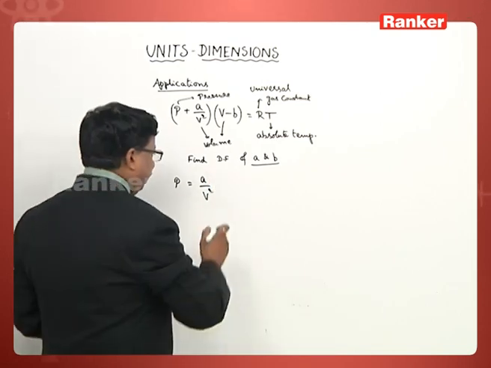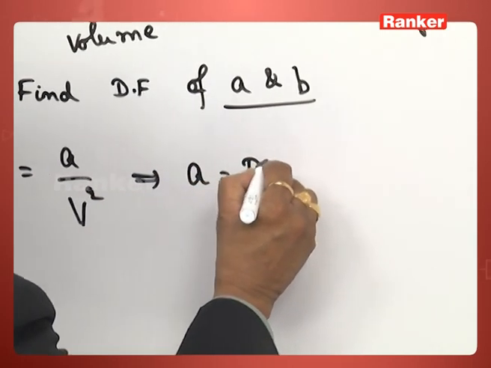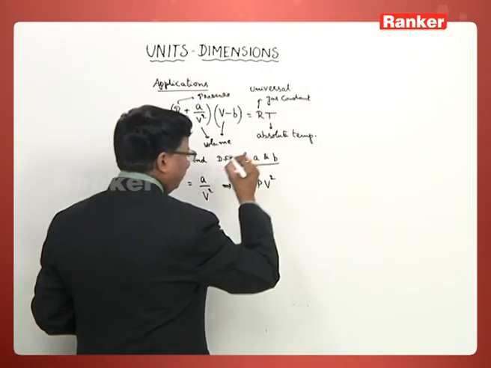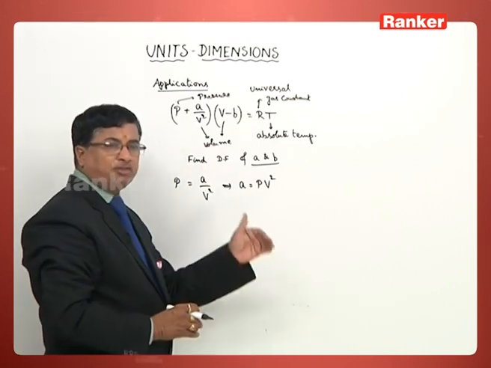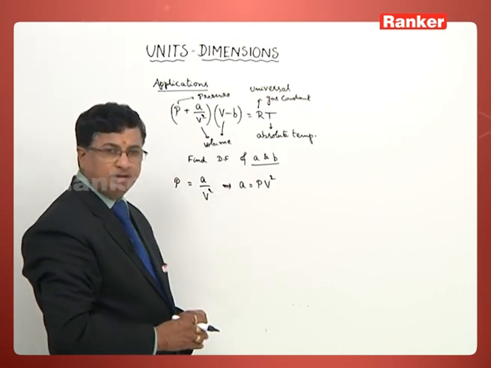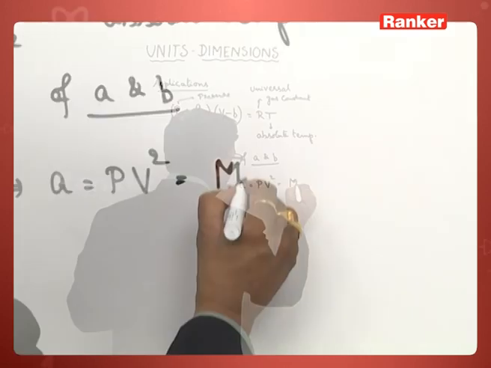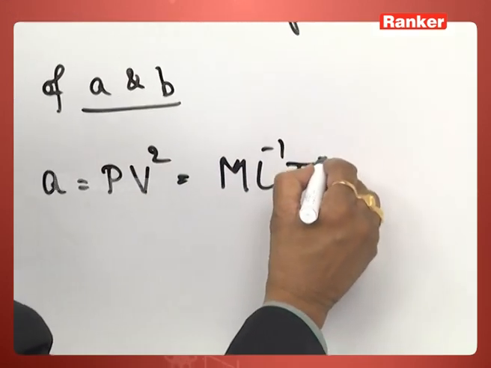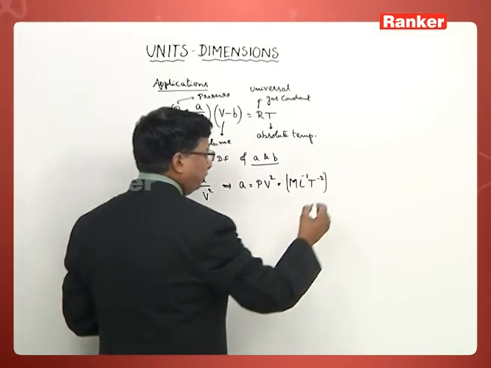When such is the case, I can cross multiply to write A as PV square, where P is pressure and V is volume, both mentioned in the equation. So, you can directly write their dimensions now. M L inverse T power minus 2 is the dimensional formula for pressure.